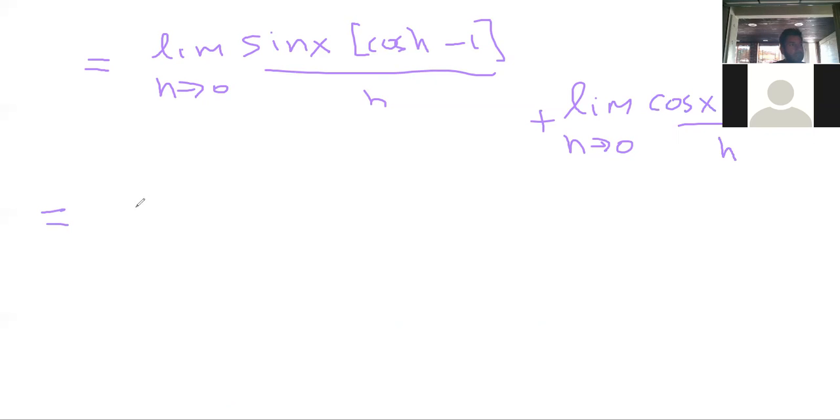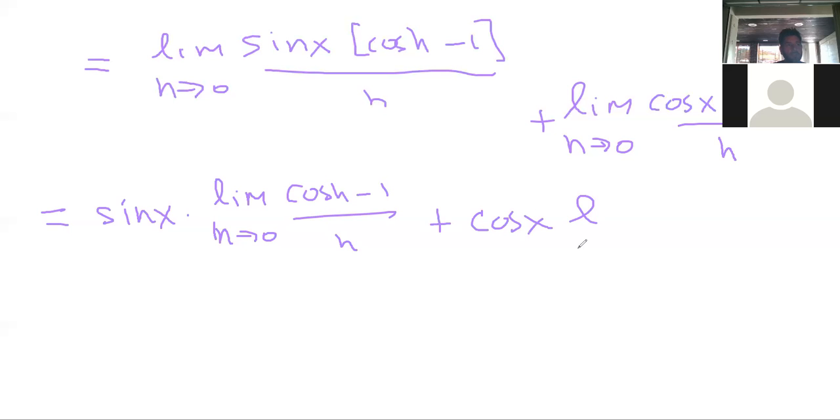So I can write this as sine of x times this limit, and then plus cosine of x times this limit.